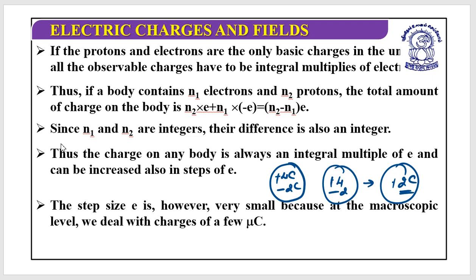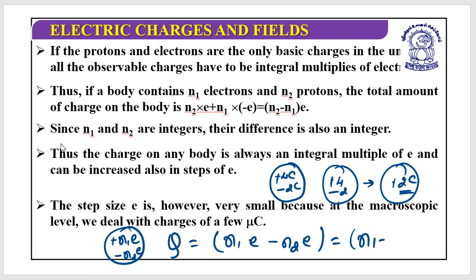In the same way, if I say N1 amount of positive charge is there, it is N1 into e. And N2 amount of negative charge is there. So the total charge Q would be equal to N1e minus N2e. I have written a minus here because it is the charge of an electron.